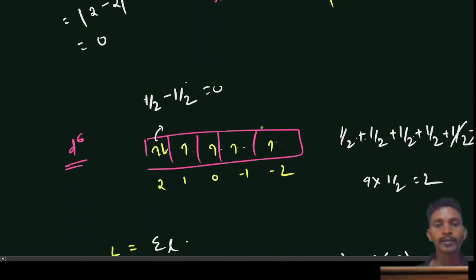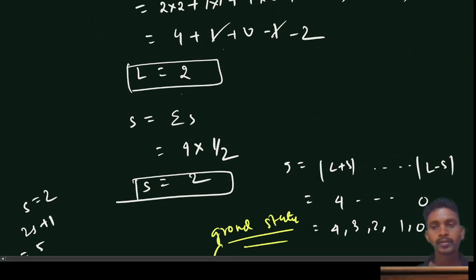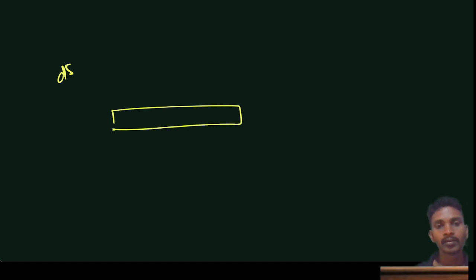Let's say we have d5 orbitals. For this case, 1, 2, 3, 4 and 5, with m values 2, 1, 0, minus 1 and minus 2. Here also we calculate the same way.